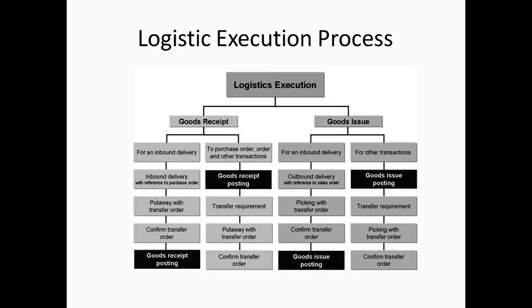Normally in any company, we make it automatic, because daily there are so many stocks coming and going out. Whenever any goods receipt is created, the transfer requirement is automatically generated.